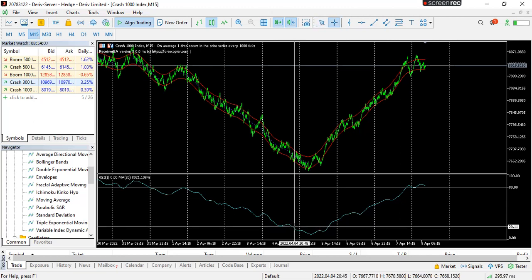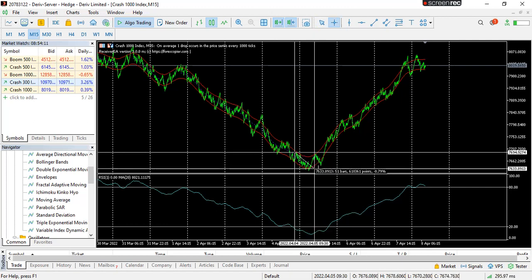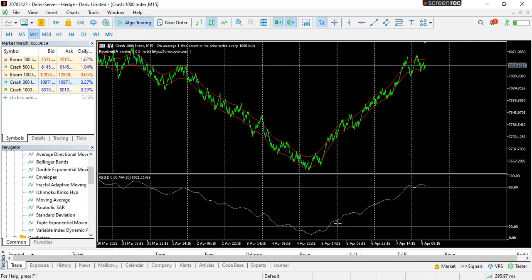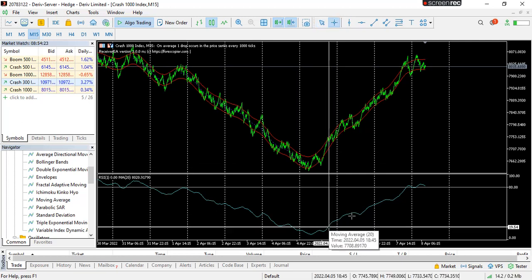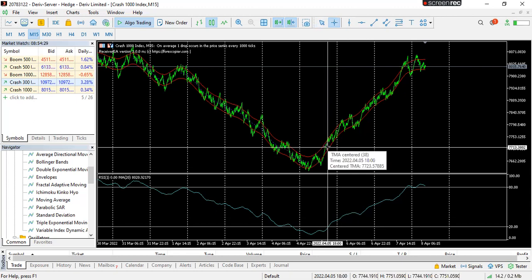You would have stayed in this trade all from here to here, and you'll be in loss, okay? But look at when the RSI left the zone, when it left this level 20, it kept going up. This is the point here. At this point, it left level 20.